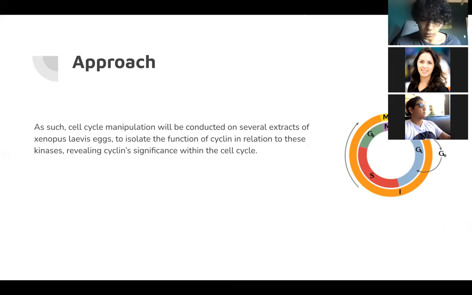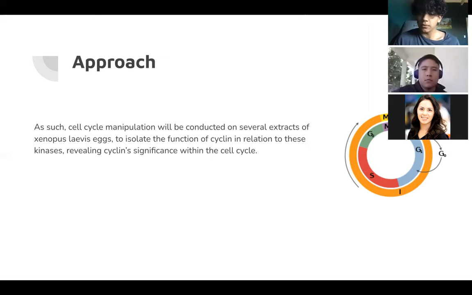So what we're going to do is analyze cell cycle regulation in in vitro cultivations of oocyte eggs. And through this, we are going to manipulate that process and try to reveal cyclin's significance within cell cycle regulation.